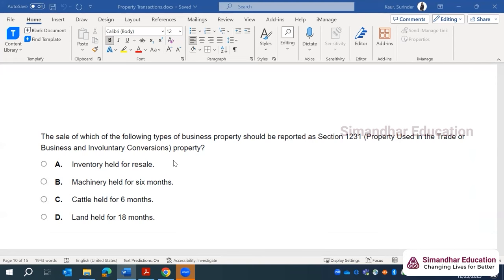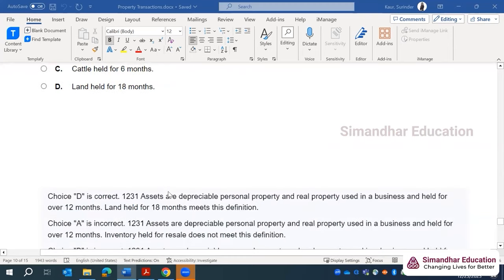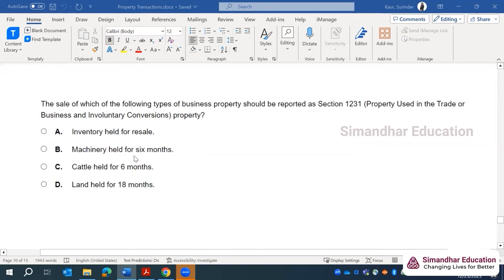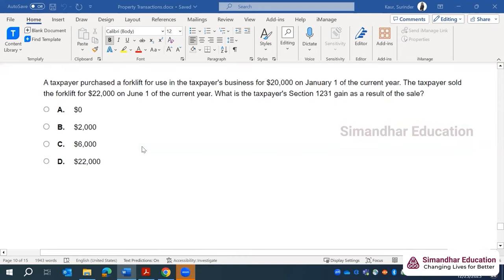One, that you are using the property in your trade or business and you hold the property for over 12 months. Okay, so looks like most of us have got it right. So land held for 18 months, because all the other options are not correct.